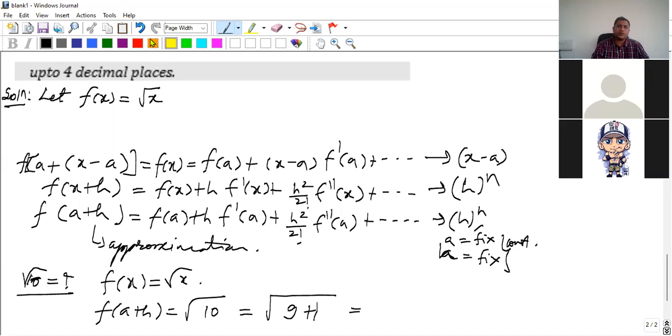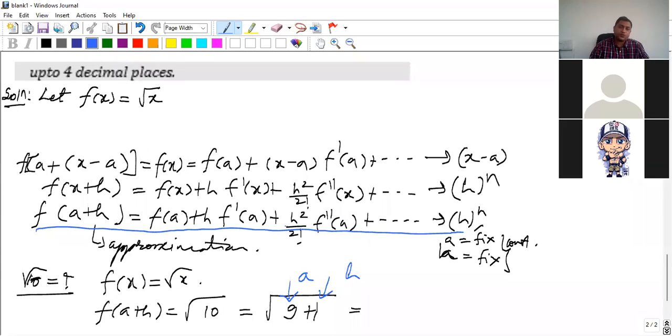So this term will go as a and this term will go as h. We know the root of 9 perfectly, and that's why we are considering a to be 9. And this h value we are considering to be 1. So with this function, we have to find this expression.